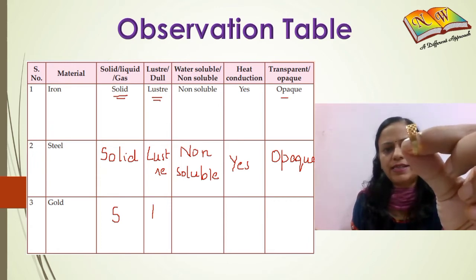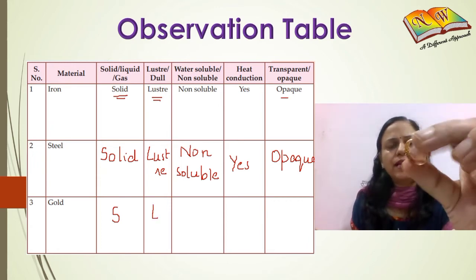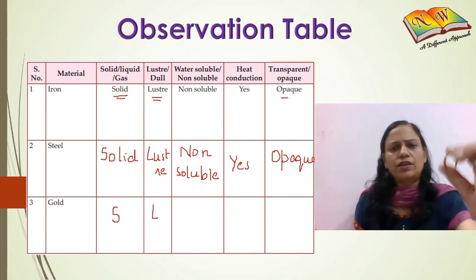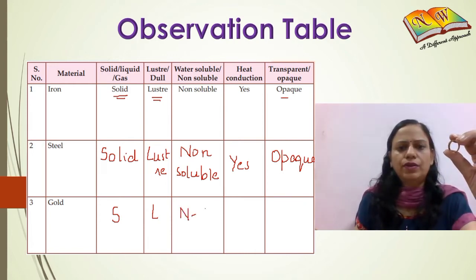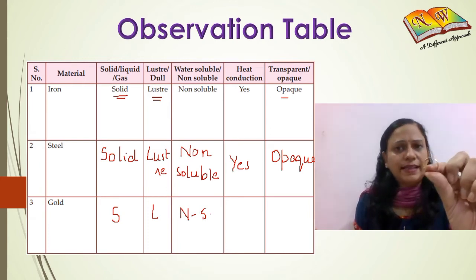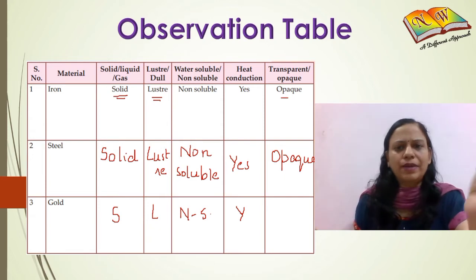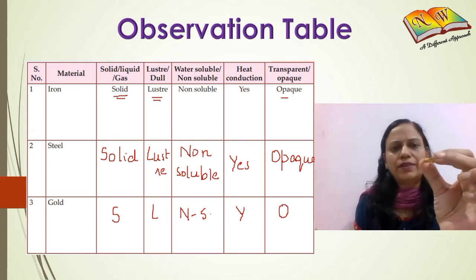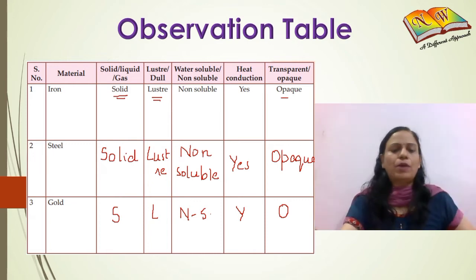Yes, it does. So it is lustrous. Is it going to dissolve in water if I put it in water? Of course not. So it is non-soluble. Is it a conductor? Yes, it is, because in fact all metals are conductors that way. And it is opaque because you cannot see through it, isn't it? So these were some properties of gold.